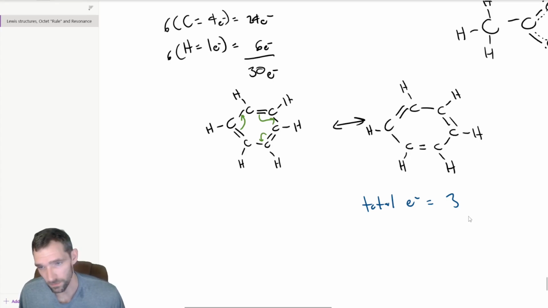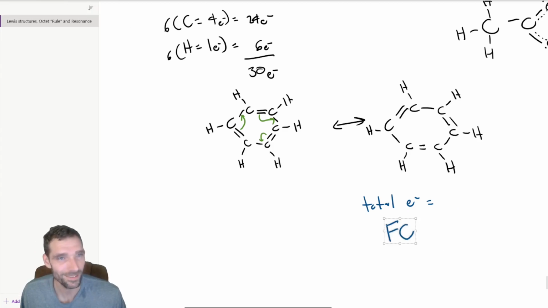If we're looking at the formal charge, okay, come on computer, you can do it. We're almost there. If we're looking at the formal charge on them as well, the carbons each have access to 4 electrons in their bonds, so they all have formal charges of 0.